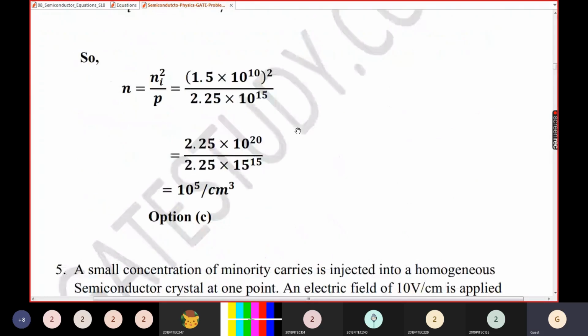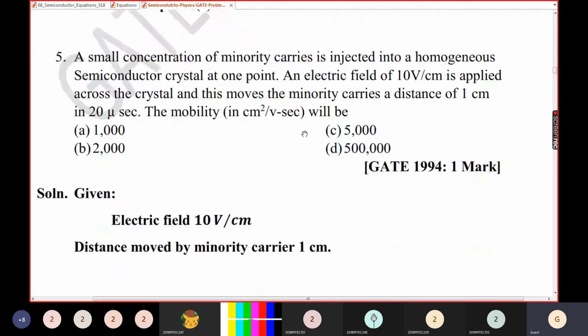Okay. So fifth question, a small concentration of minority carriers is injected into a homogeneous semiconductor crystal at one point. I repeat again, only a small concentration of minority carriers, not majority carriers. So minority carriers will be injected in a semiconductor crystal at one point.